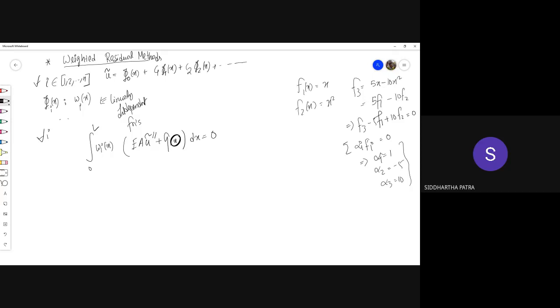I am trying to get an approximate solution, which means this quantity, r of x, would not be trivially 0.